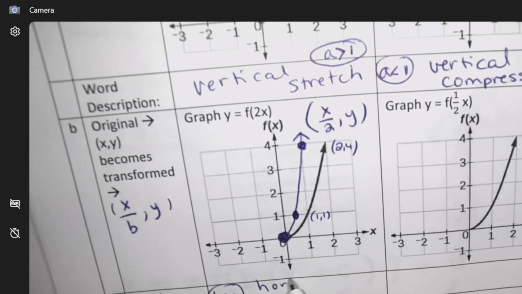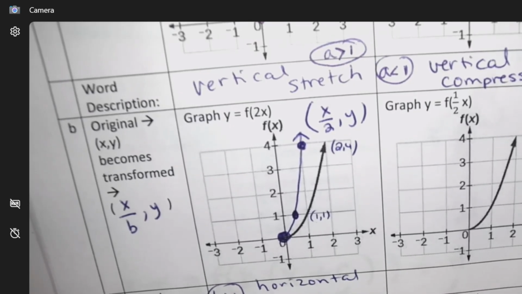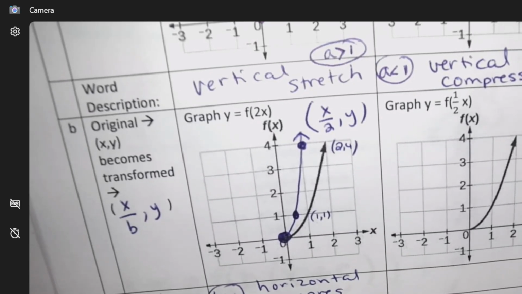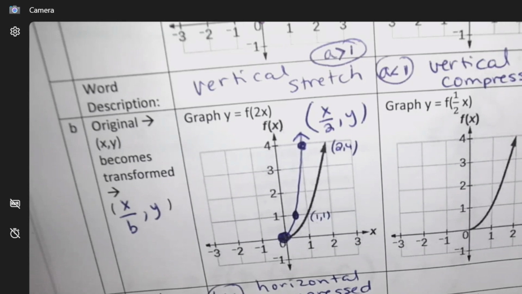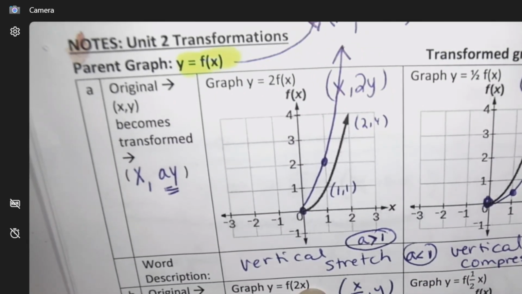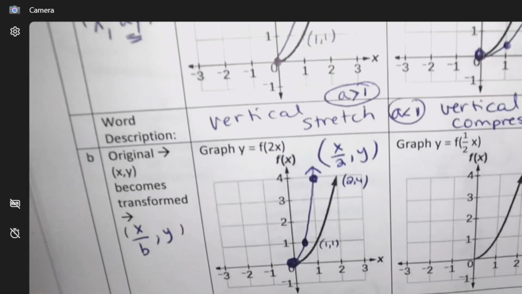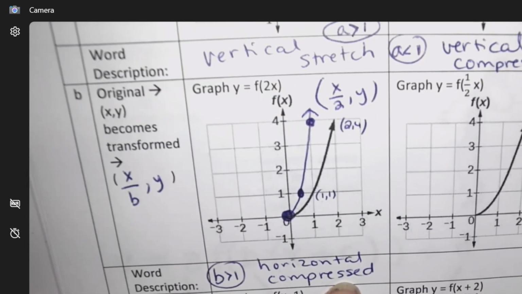It's going to be a horizontal, and I actually compressed. This is weird because your brain has to go opposite on you, because this is a big number, but you actually compress. Here we had the big number and we stretched it. So here a big number is compressing. It's going to go opposite.